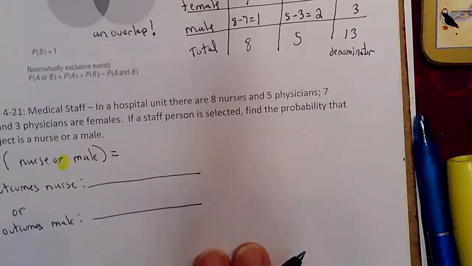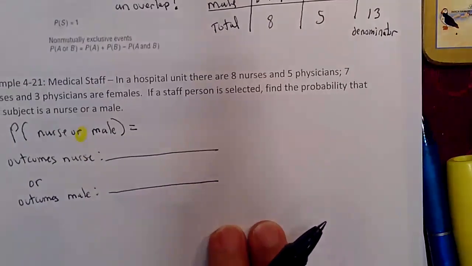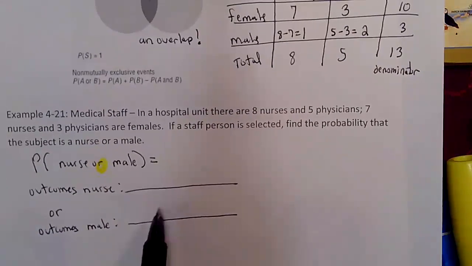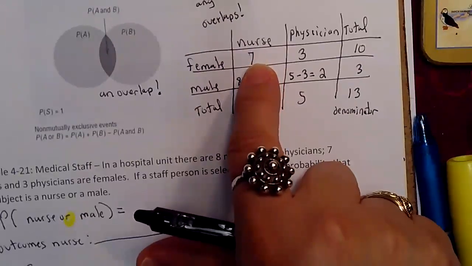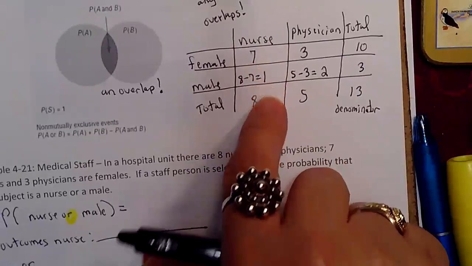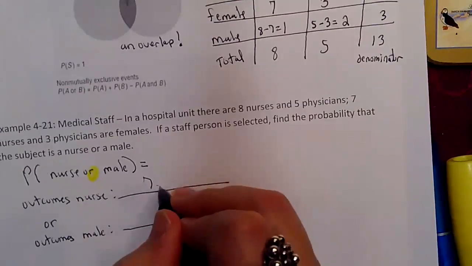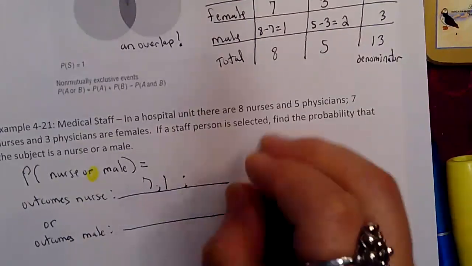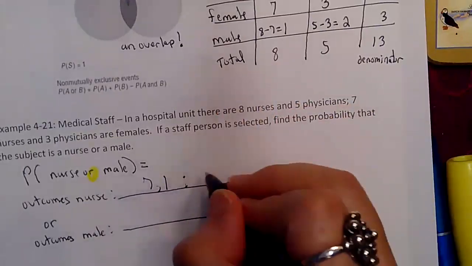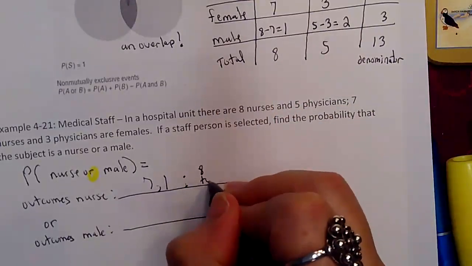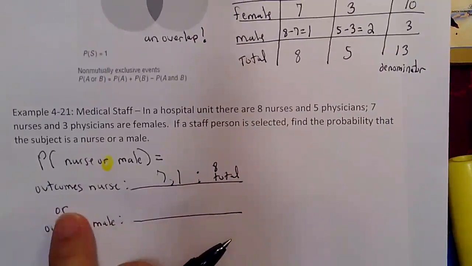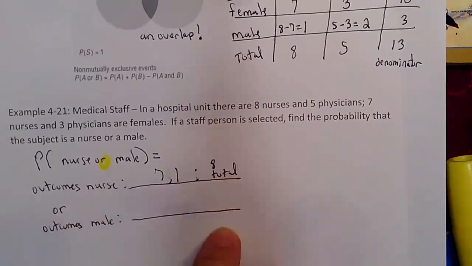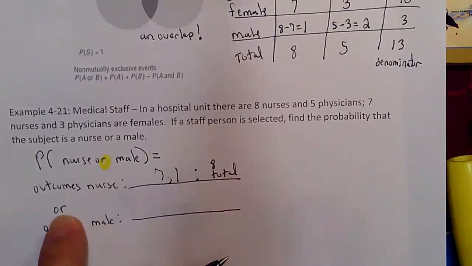Okay. And over here, when I list my outcomes for the nurse, I go to my nurse and I have 7 comma 1, and then my total is 8 outcomes. So when I have an or, I do keep track of the totals. When I have an and, I won't keep track.